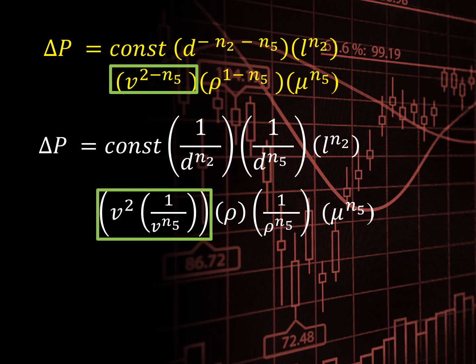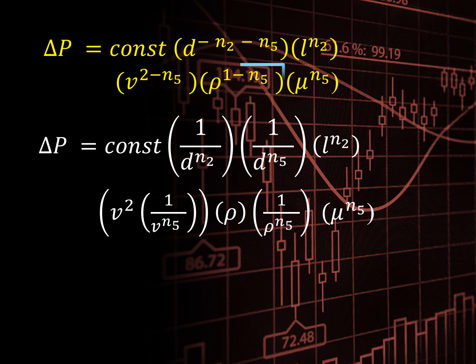And for rho raised to 1 minus N5, we will have rho times 1 over rho raised to N5. While, of course, viscosity raised to N5 is still viscosity raised to N5.